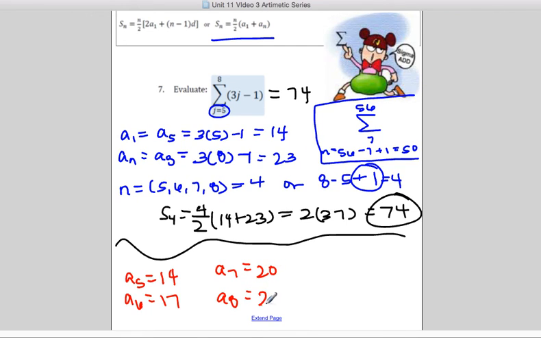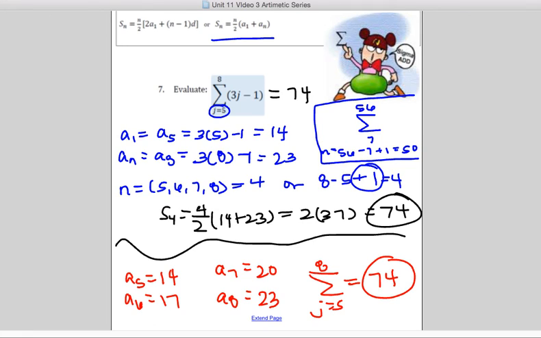We already did 23, but 24 minus 1, 23. So 14 plus 17 plus 20 plus 23, my sum from j equals 5 to 8 will give me an answer of 74 still. They will match out if you add all of those numbers up.